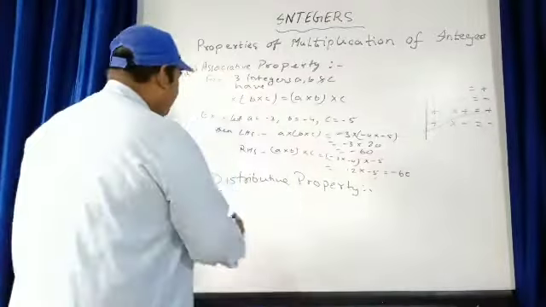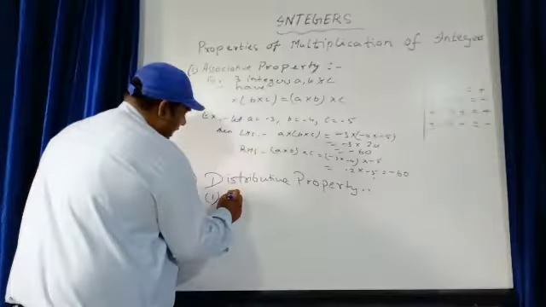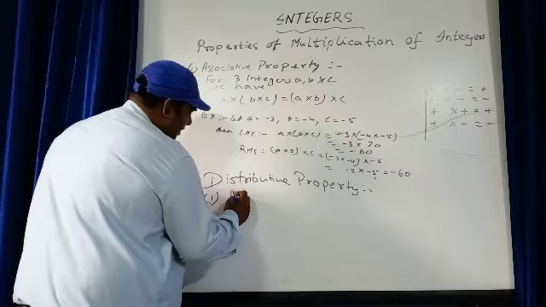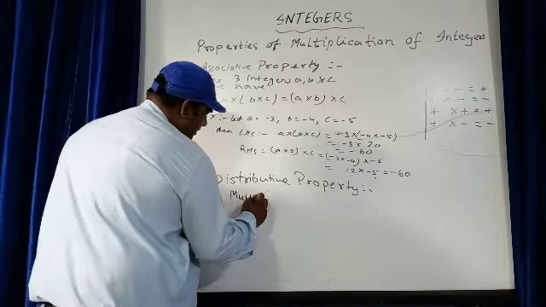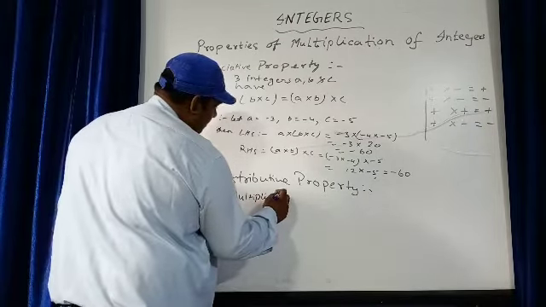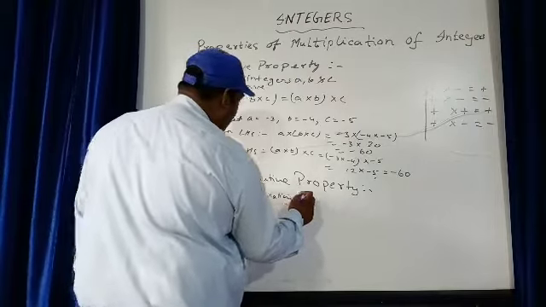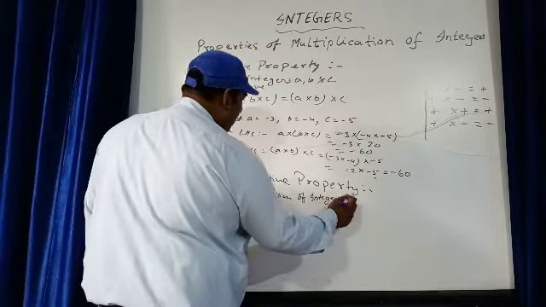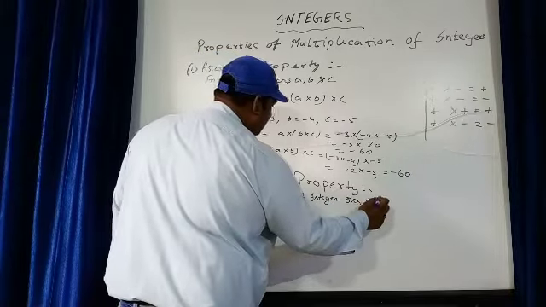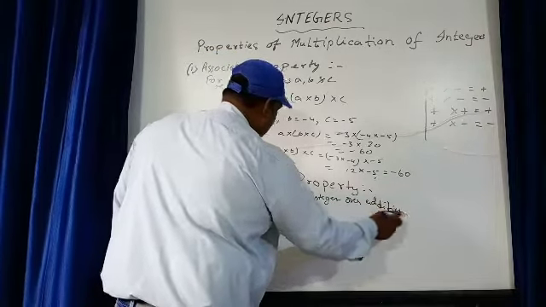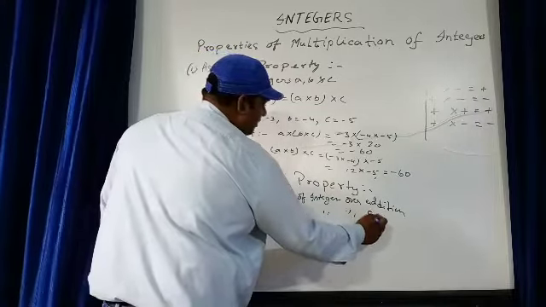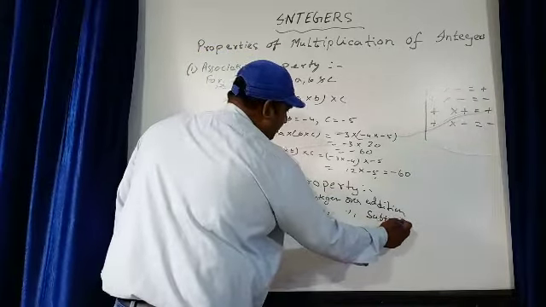Number one, distributive property of multiplication of integers over addition, and number two, multiplication of integers over subtraction.